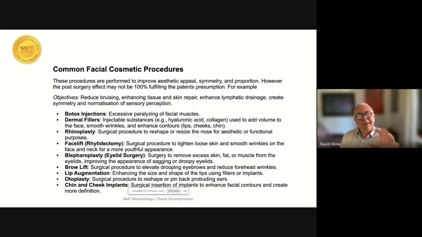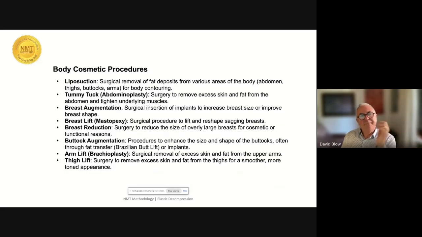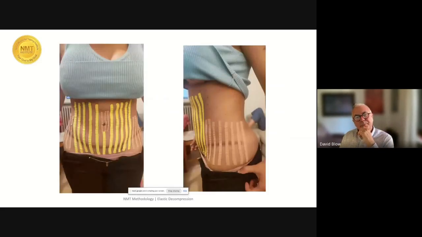And so consequently, we can apply neuromuscular taping to improve the overall result, treating the hematoma, treating the edema, improving the normalization of the sensibility in the areas. Also body, whether they be face or body processes.